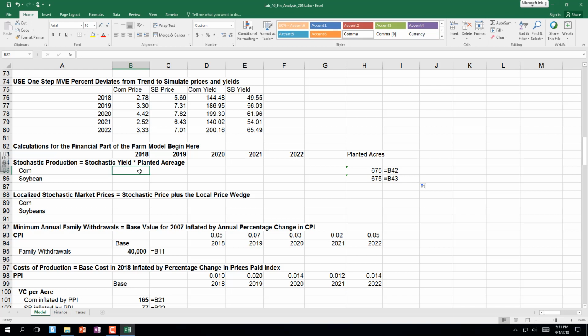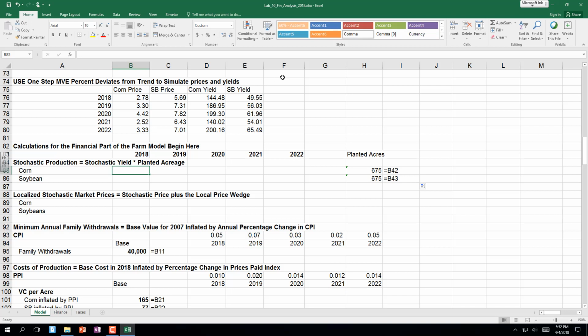Okay? So, corn. We have yields and we have prices, right? Now, I've got a problem with that. Okay? I've got the stochastic values going up and down right here for years, and I've got the rest of the model going this way, right? Hank, how do you fix a problem like that?